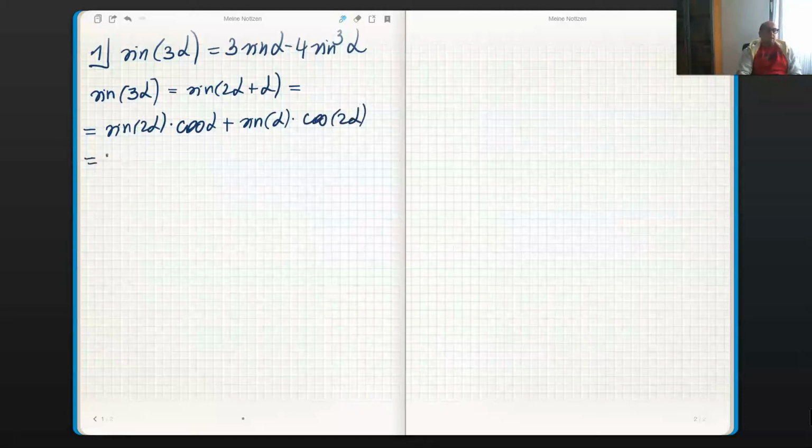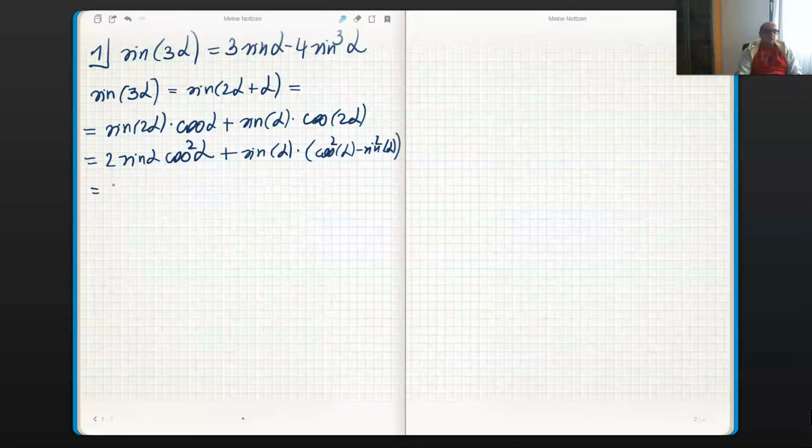Sine of 2 alpha, it's 2 sine alpha cosine alpha. Now you see we have it squared. Plus, we have sine of alpha. Cosine of 2 alpha is cosine squared of alpha minus sine squared of alpha, if you remember that. All right, so what we can do now, we're better off at this point than the previous situation because we are having no tripled or doubled angles anymore.